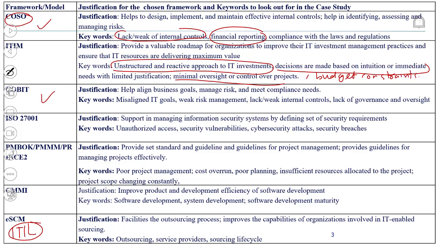That's another indicator that actually you're not properly doing your IT investments. So it can help with the justification that you can provide for that: it provides a roadmap for organizations to improve their IT investment management practices and ensure that the IT resources are delivering maximum value.